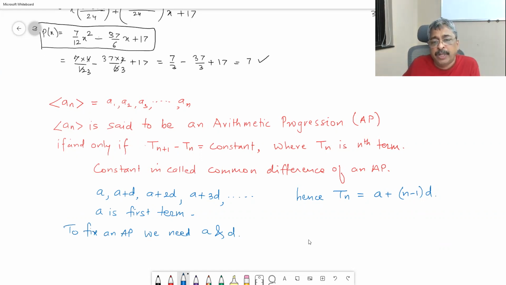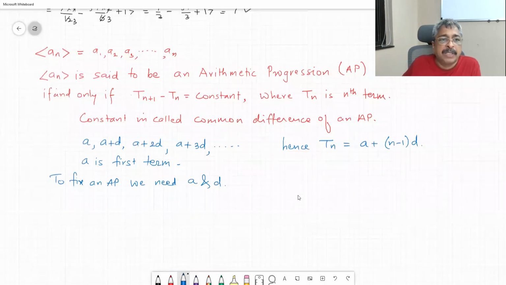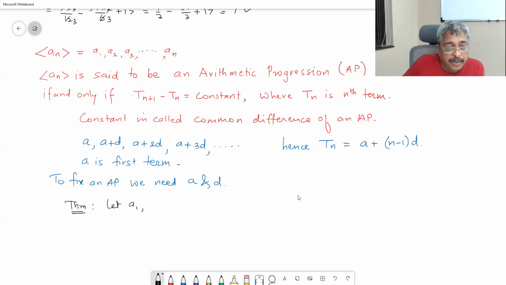So before we take the examples, let me do some theorem. Let A1, A2, ..., An be an AP.